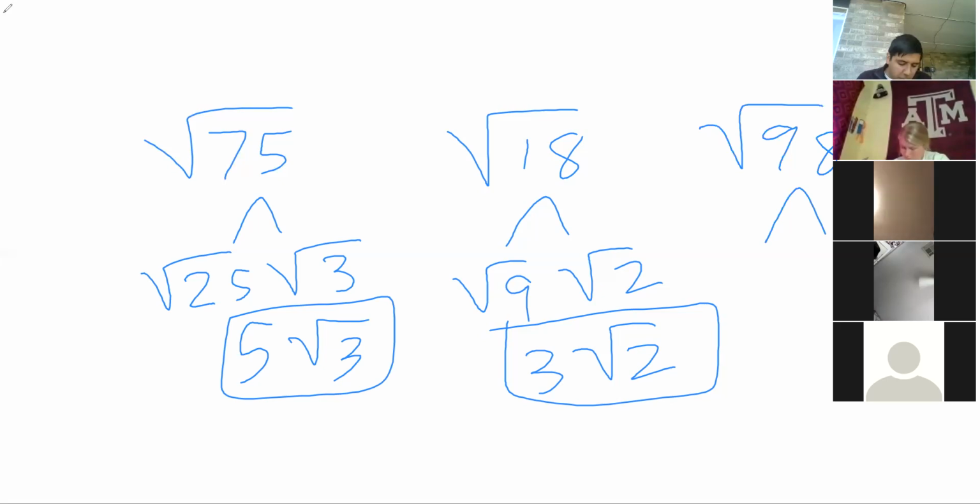No, because 98 divided by 9 is a decimal, so we can't do that. I did something wrong. So if we're not entirely sure, try your perfect squares one by one, right? So let's say 98 divided by 16. That doesn't work. 98 divided by 25. Of course, that doesn't work.